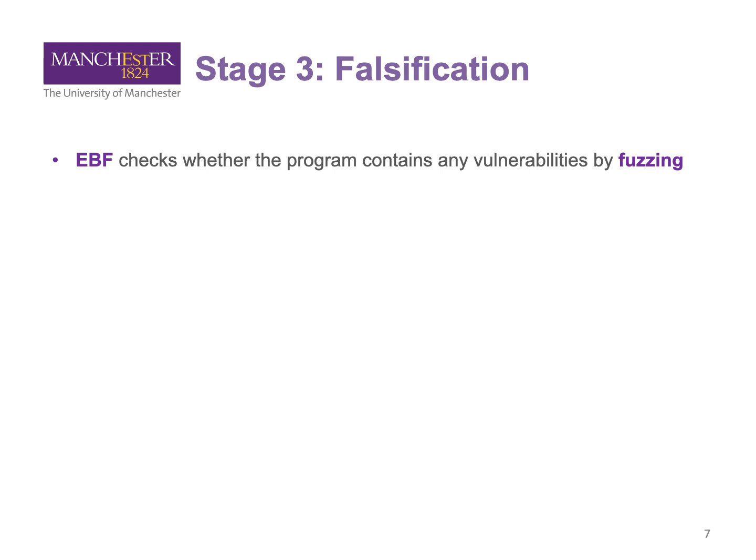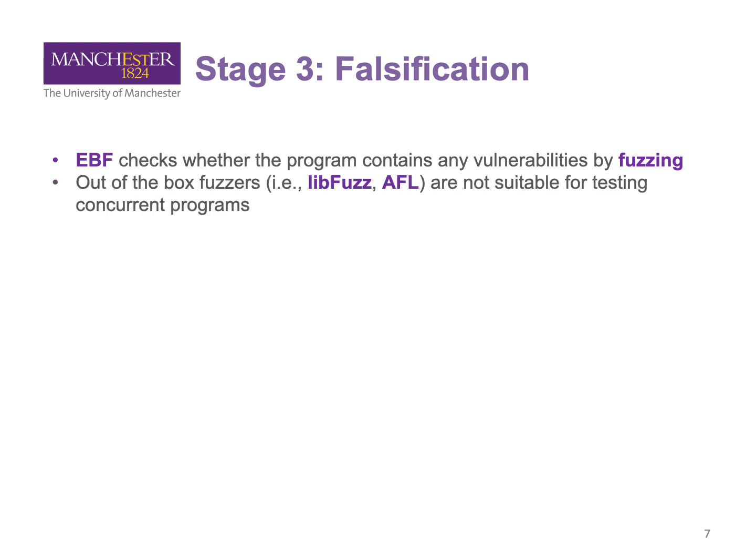During the falsification stage, EBF checks whether the given program contains any vulnerabilities using fuzzing. Out-of-the-box fuzzers, such as libFuzzer and AFL, are not suitable for testing concurrent programs. The main reason for this is that they cannot reliably enforce different thread schedules across different fuzzing runs.